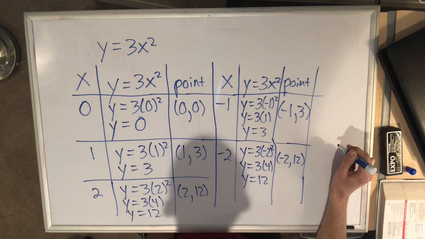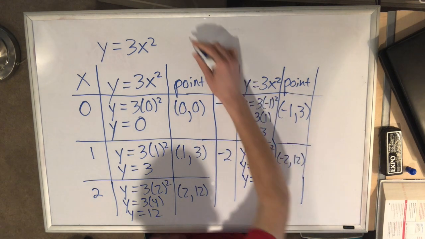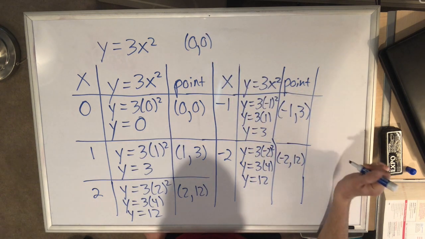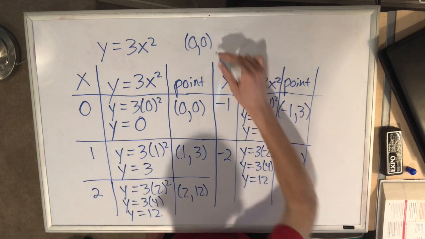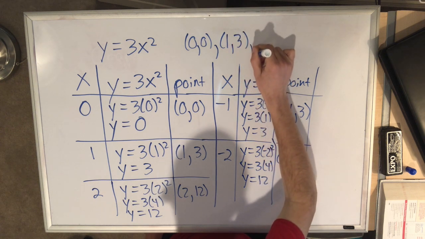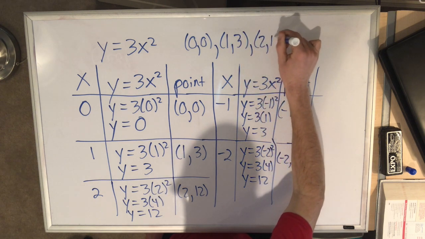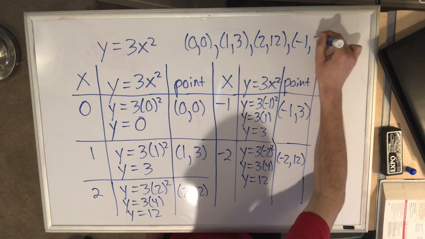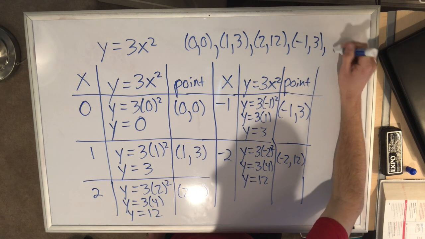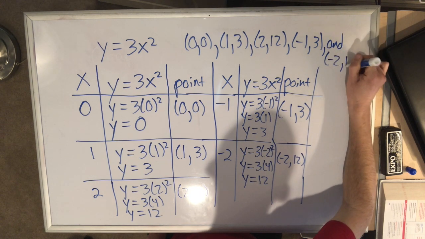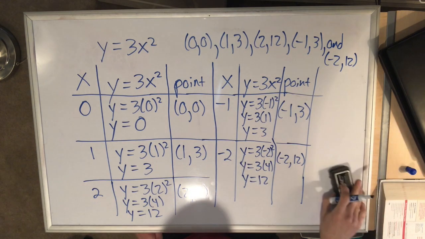Now let's plot those 5 points. I'll copy it down up here because I'm going to have to erase the table to make room for the graph. So we have 0 comma 0, 1 comma 3, 2 comma 12, -1 comma 3, and -2 comma 12. Let's set up the graph.